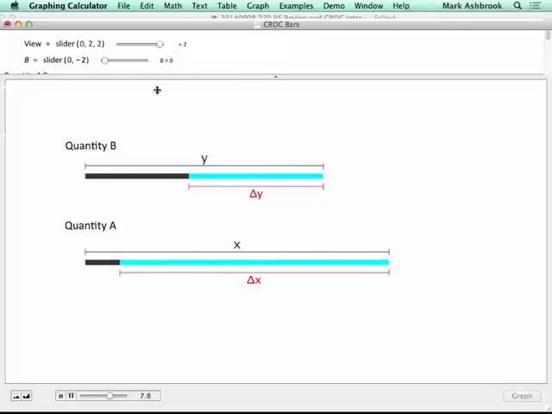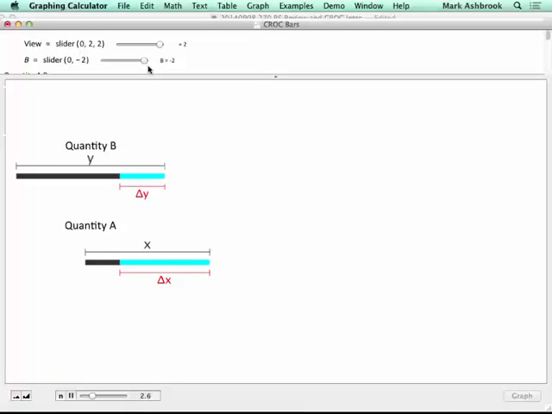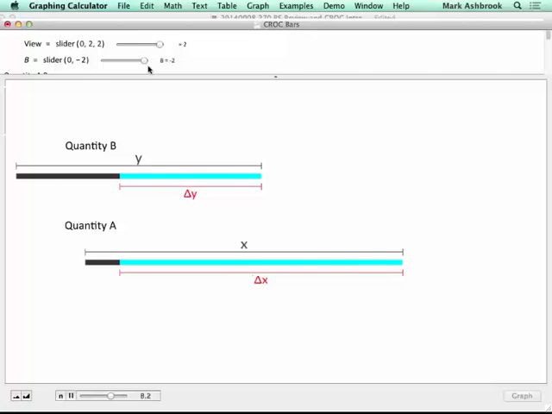Okay, let me help you even more. Watch this. Whoa. It's the same two bars the whole time. I just moved bar B back a little bit. Go. Talk.